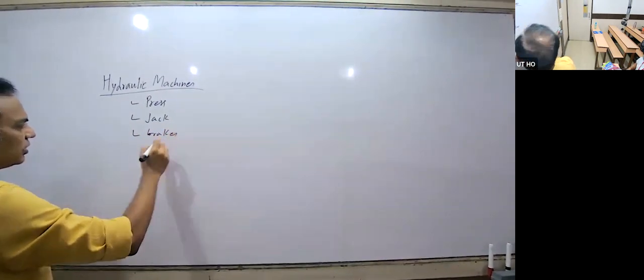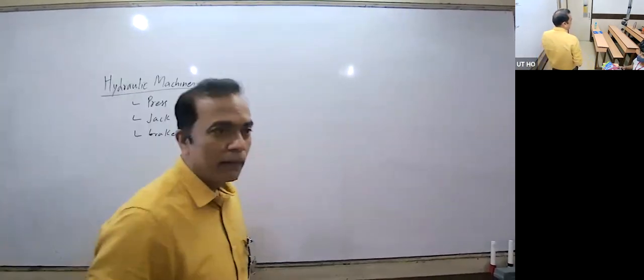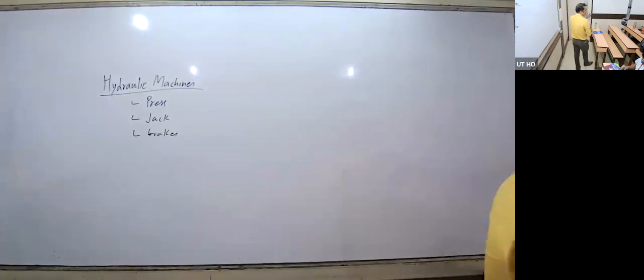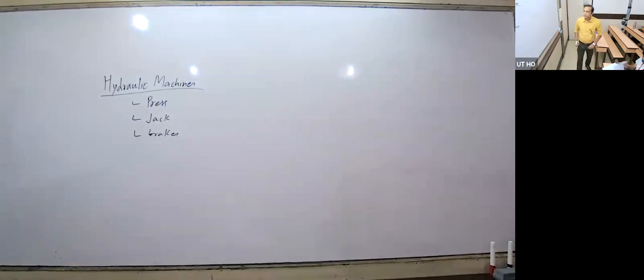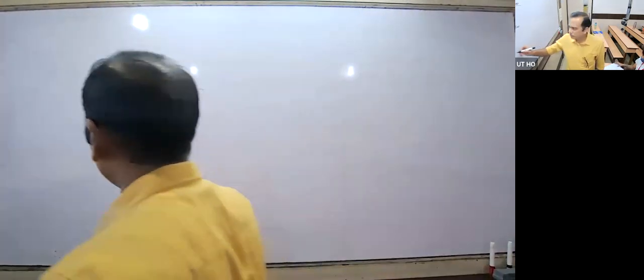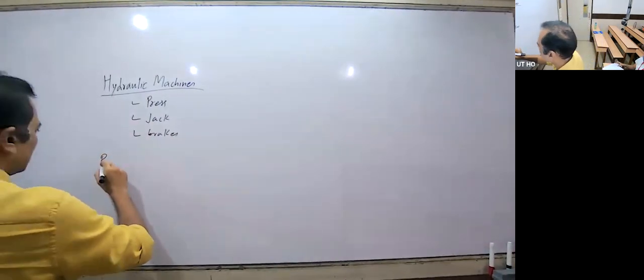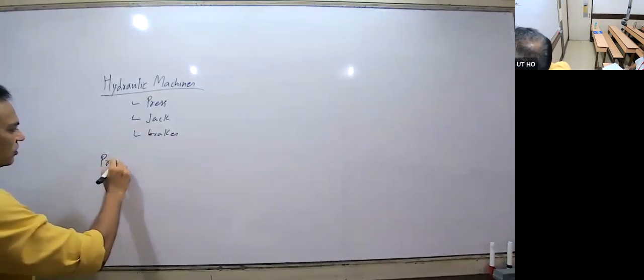So any doubts in this? Do you remember what was the principle on this table? Which principle these machines worked on? Pascal's law, right?